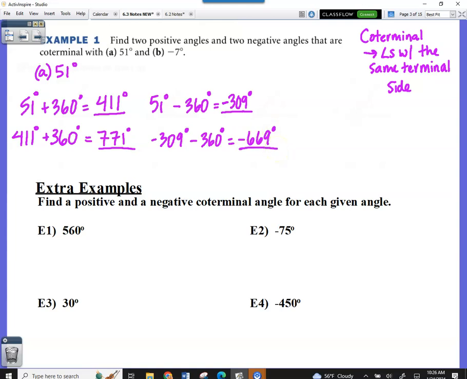So if I was to go to a coordinate plane and draw 51 degrees, 411 degrees, 771 degrees, negative 309 degrees, negative 669 degrees, I'd have all those angles on the same coordinate plane, and it would only show one angle, because they would all land in the same spot. The difference was just how many times it rotated. Okay? They want you to do the same thing, but with negative 7.